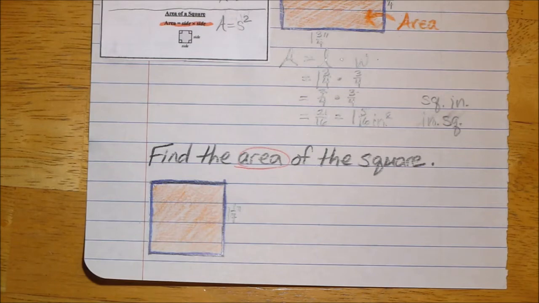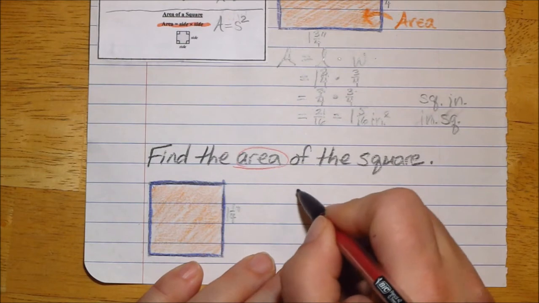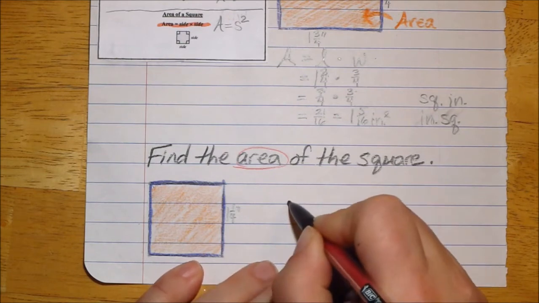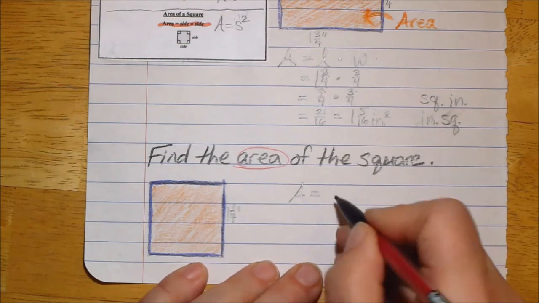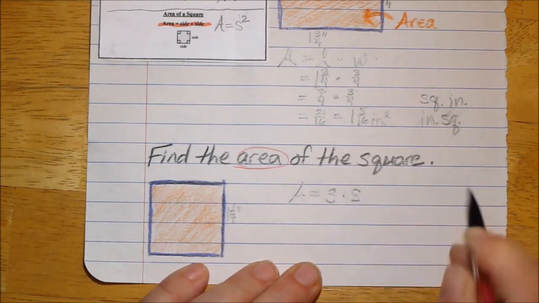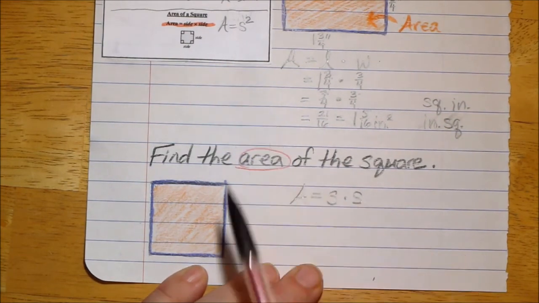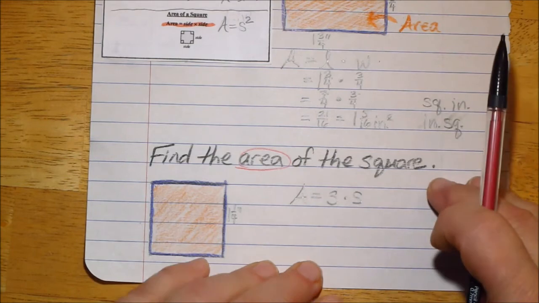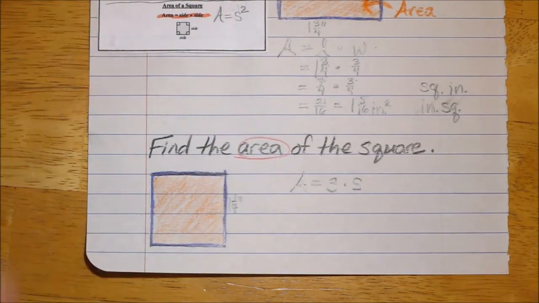All right, so first step is to always write down the formula. So the formula for a square is A equals side times side. You could have written that as side squared like we did up here, but we haven't really talked much about what that means, so you'll get more of that later when we use our formulas in algebra.